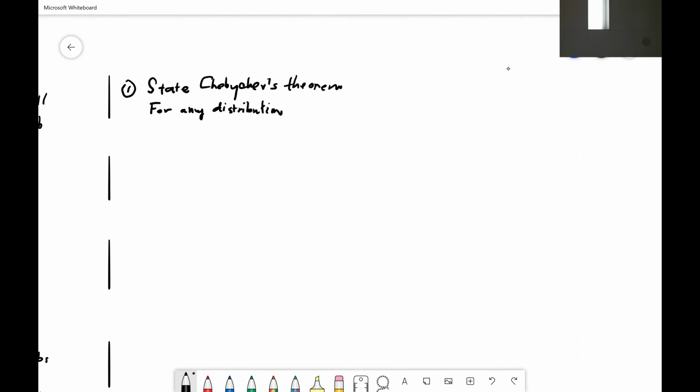Now, strictly speaking, if it's a normal distribution or it's bell-shaped, we'll use the empirical rule, but Chebyshev's theorem applies to any distribution. We usually use it when we don't know the shape. For any distribution where k is greater than 1, k stands for what? The standard deviations.